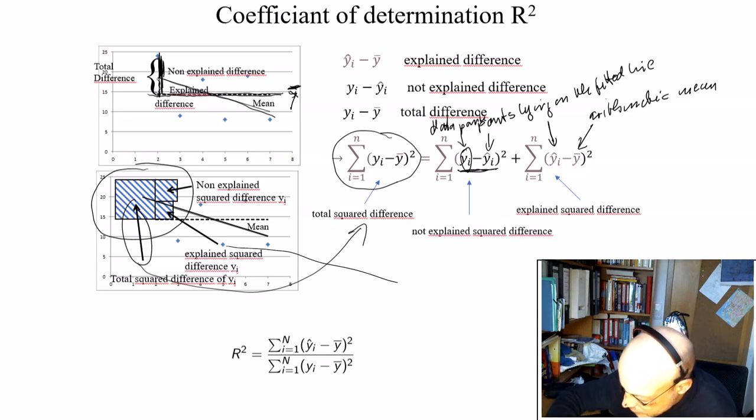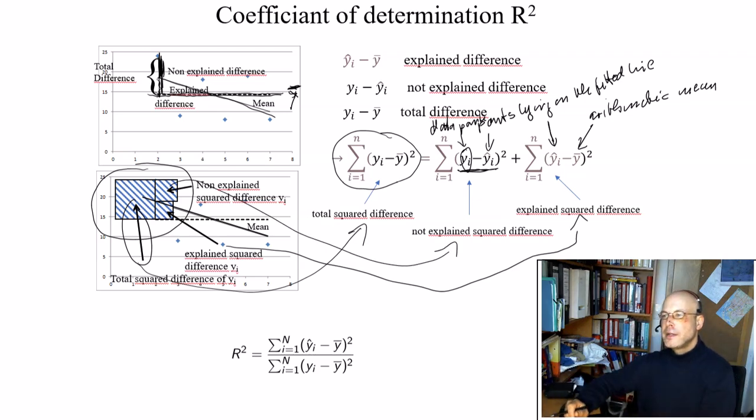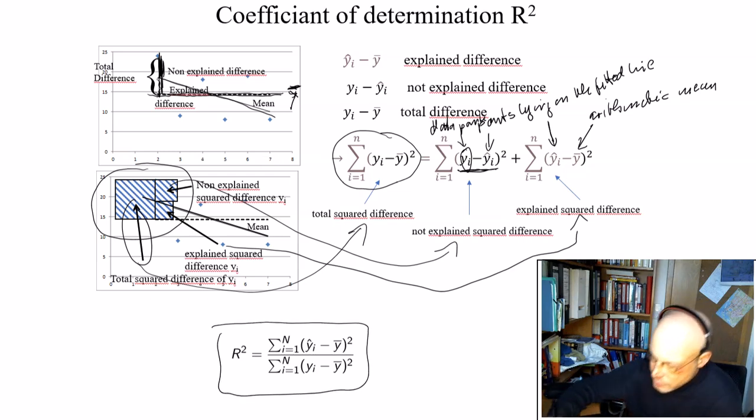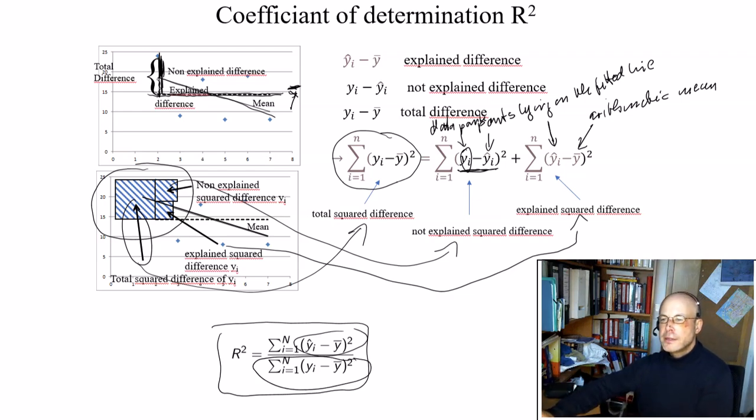This one is the explained squared distance, and this one is the still not explained distance. And then also mathematically, we can show that the coefficient of determination is just this explained distance over the total sum of the squared distances.